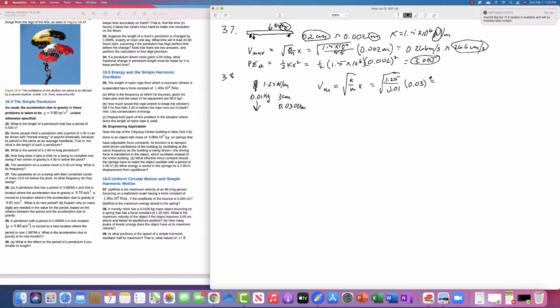And that's going to equal 0.335 meters per second as a maximum velocity.